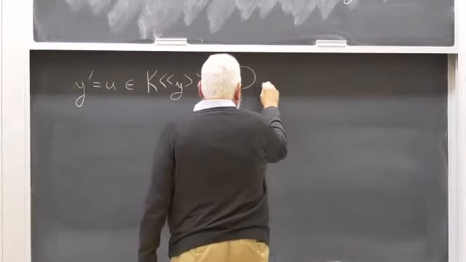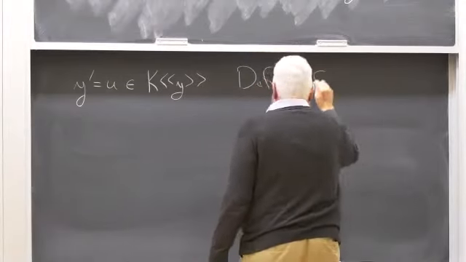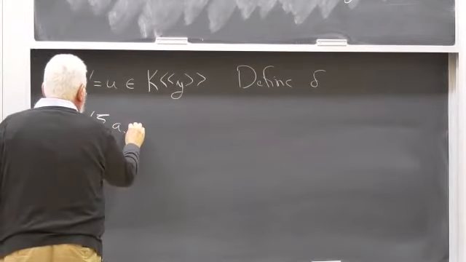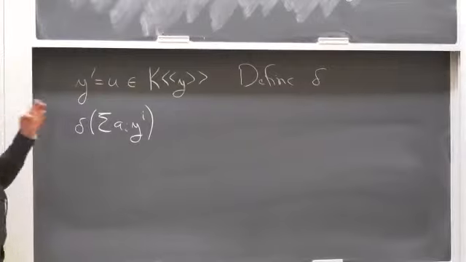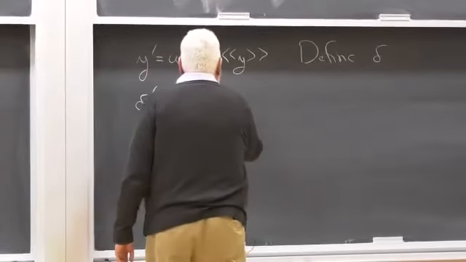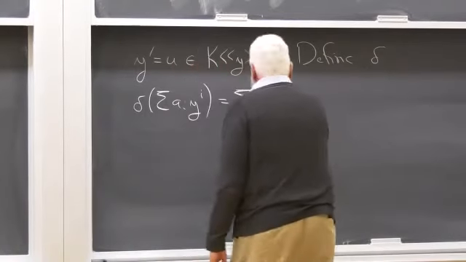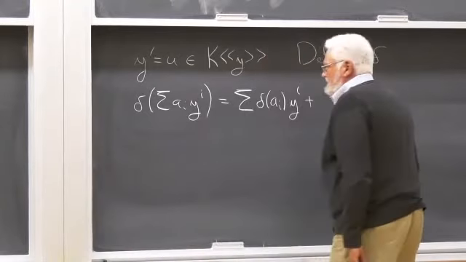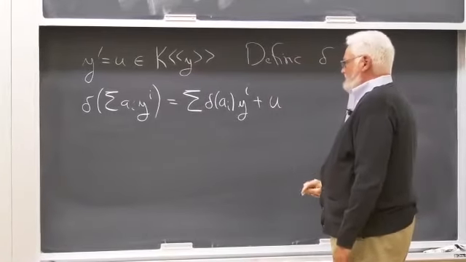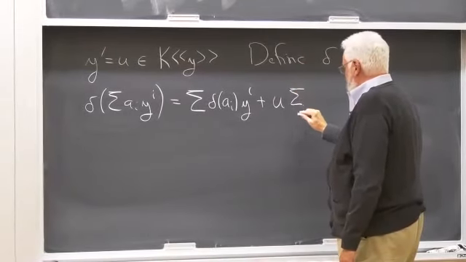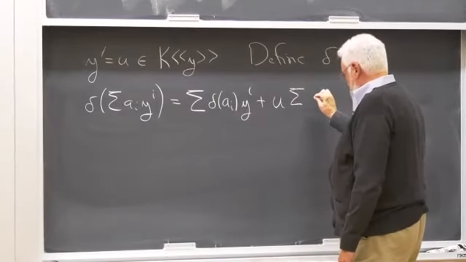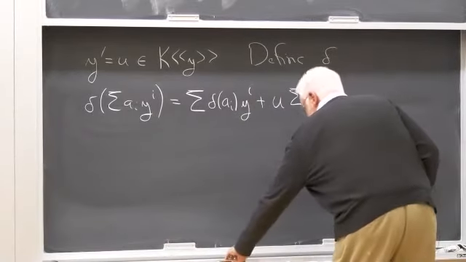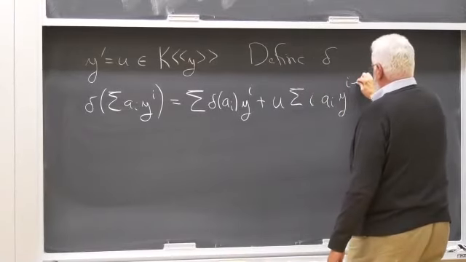And I want to define a derivation delta such that if I differentiate a series, I get what I usually get: a series where I differentiate the coefficients, but then I get u times the sum of the a i minus 1.